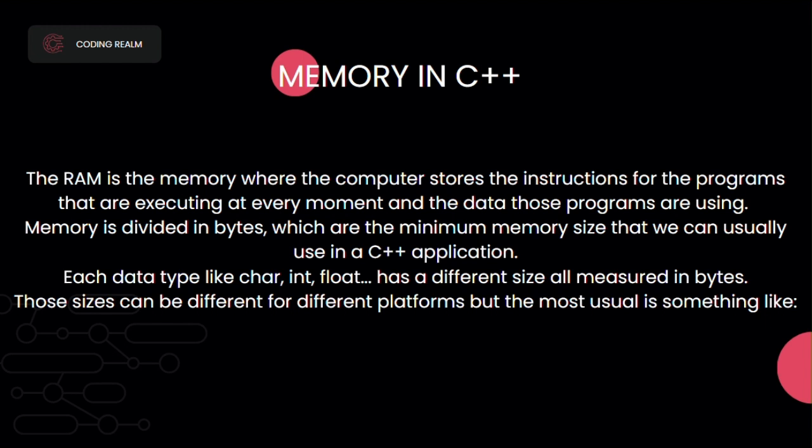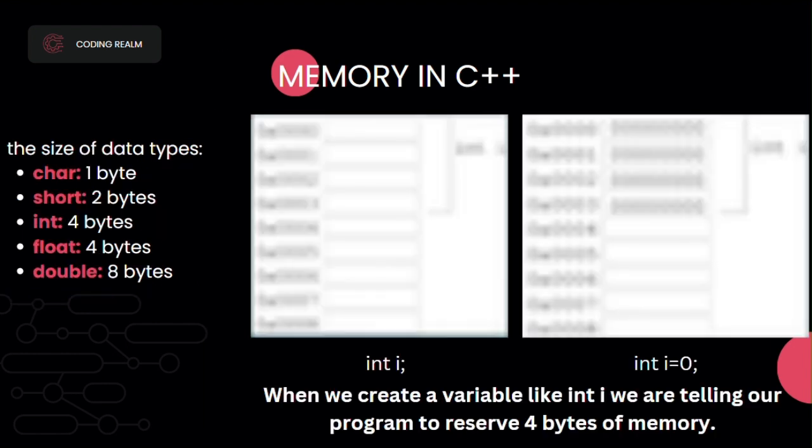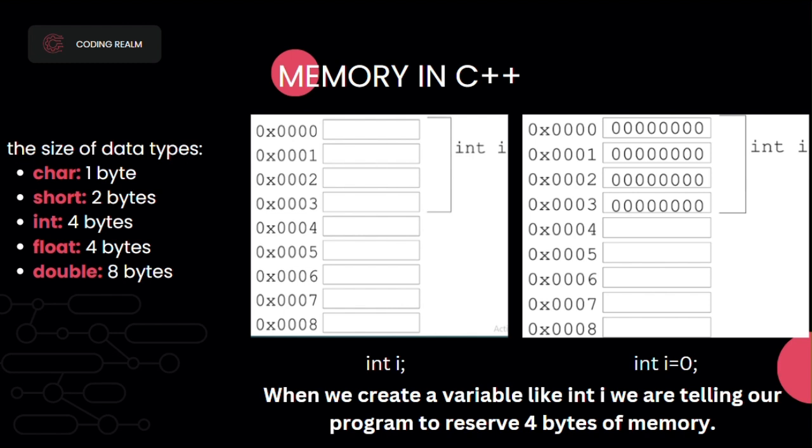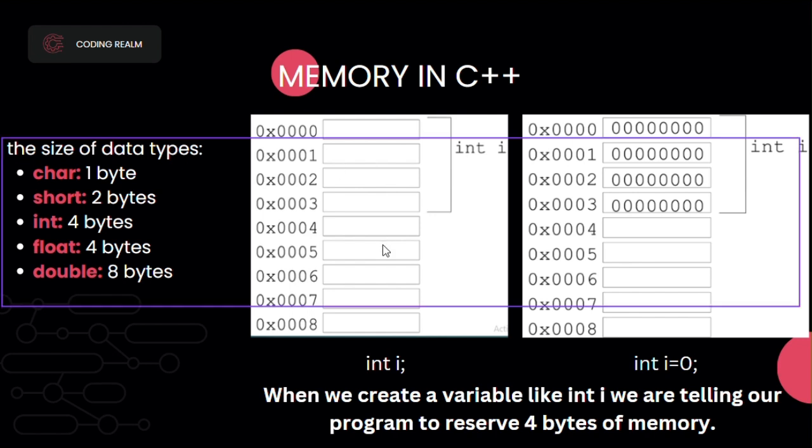The size can be different for different platforms, but the most usual is: the size of character is 1 byte, short is 2 bytes, integer 4 bytes, float also 4 bytes, and double 8 bytes.